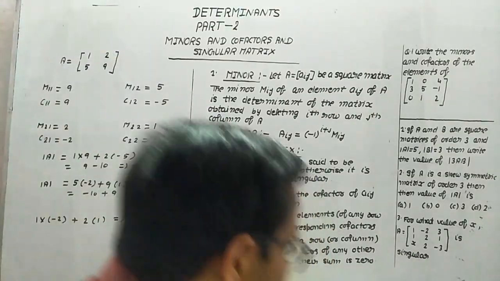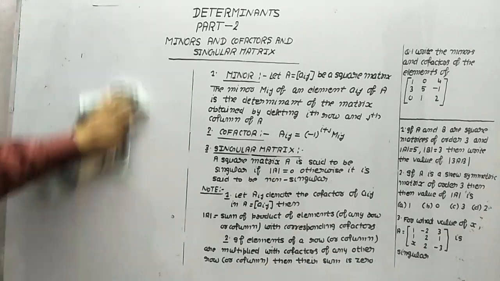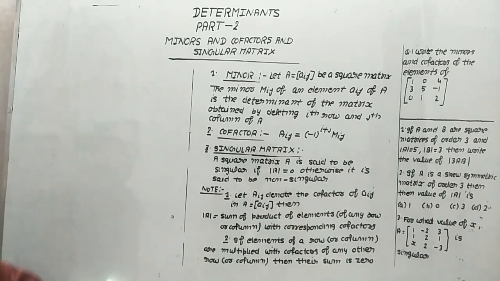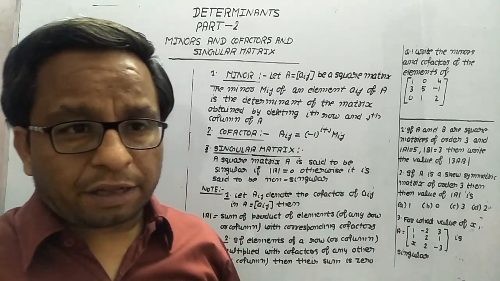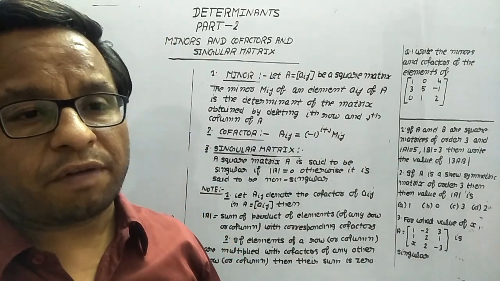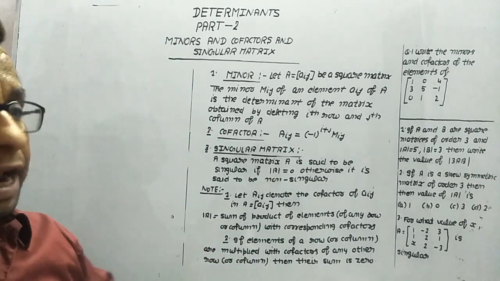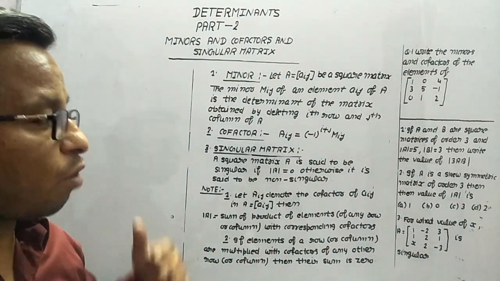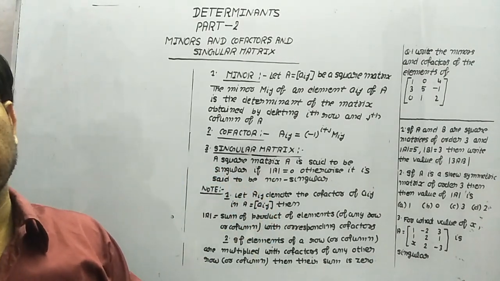So these two notes are very important. You have to keep them in your mind. Now singular matrix. In a simple way, if we have a square matrix A and the corresponding determinant is 0, then the given matrix is known as a singular matrix. And if the corresponding determinant is not equal to 0, then it is not a singular matrix.